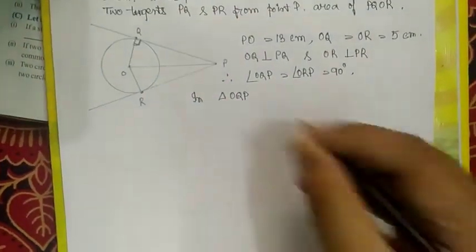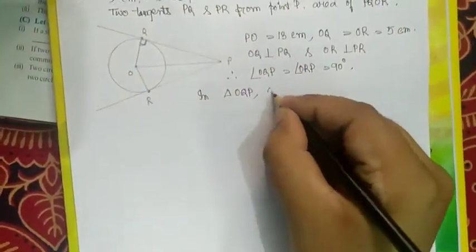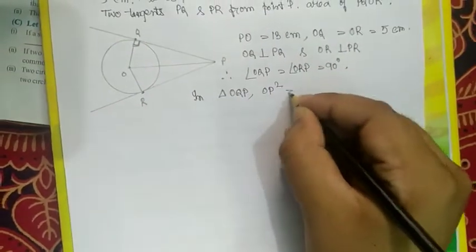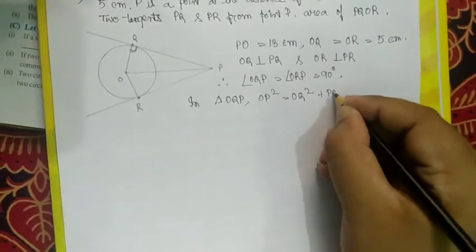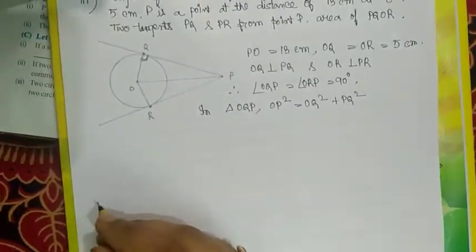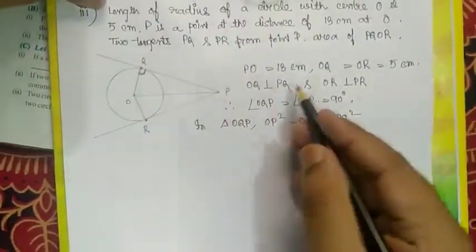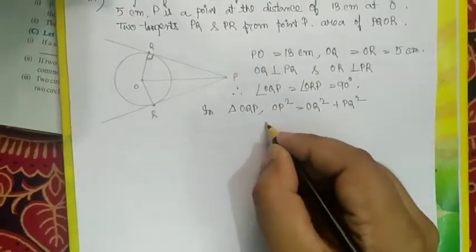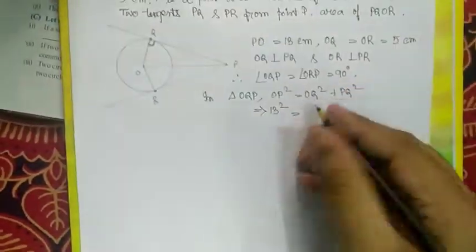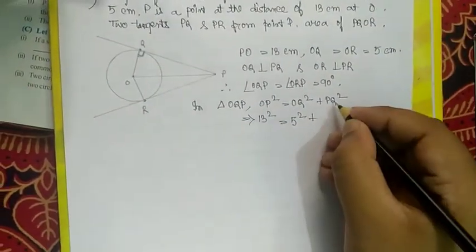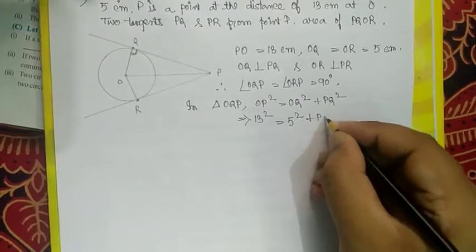So therefore we can say in OQP, by Pythagoras theorem, OP square equals OQ square plus PQ square. We know the value of OP or PO is 13 centimeters, so therefore 13 square, we know the value of OQ, 5 square, and we have to find the value of PQ square.